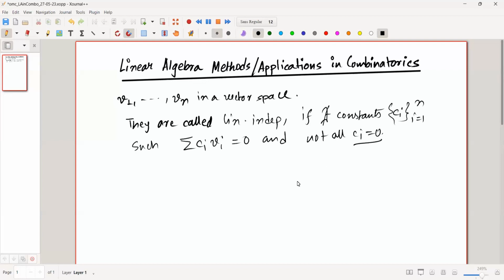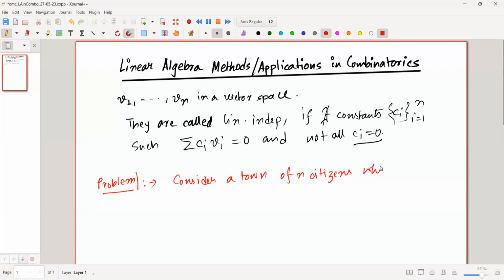So let us look at a problem first. Consider a town of n citizens which form m clubs with the following rules.